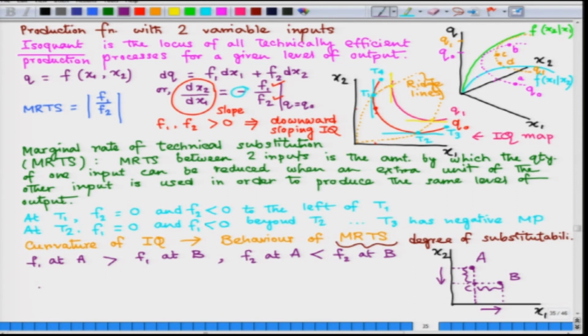Because we need to get down to the form of MRTS.